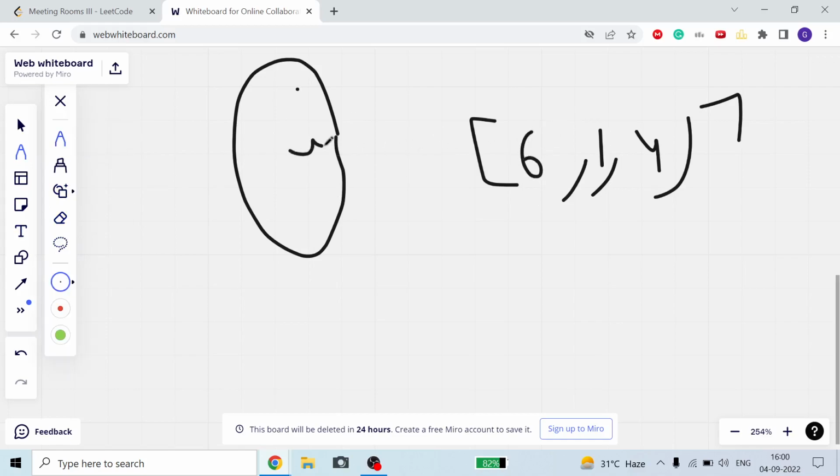Then for the ith meeting, if these three are free, I will prioritize 1. Why? Because 1 has the minimum room number, and my priority is to give the meeting the lowest room number possible.